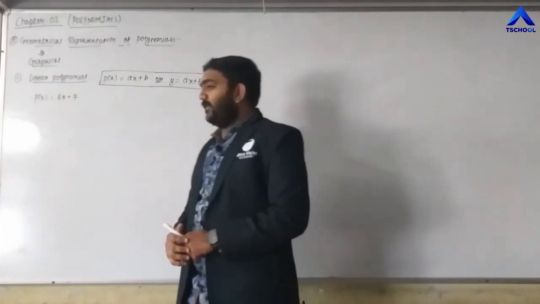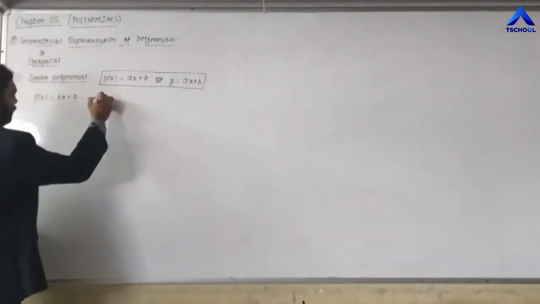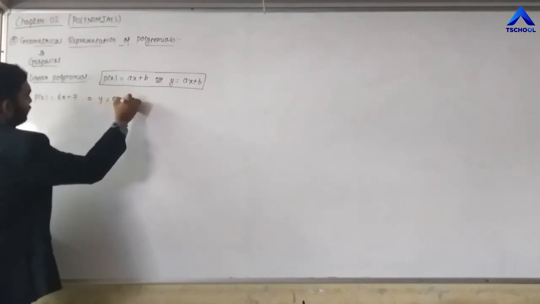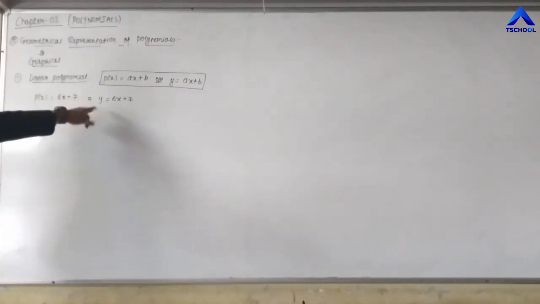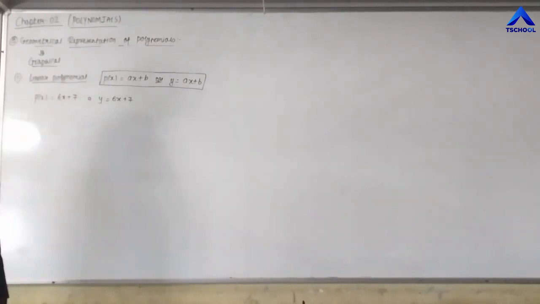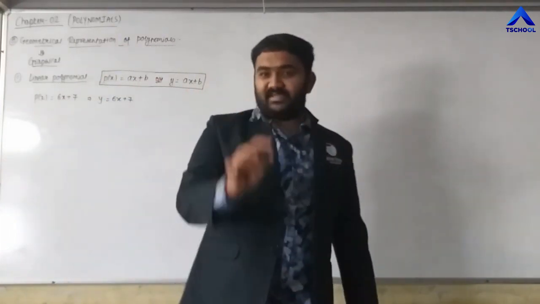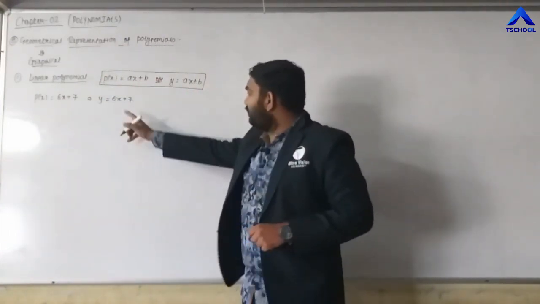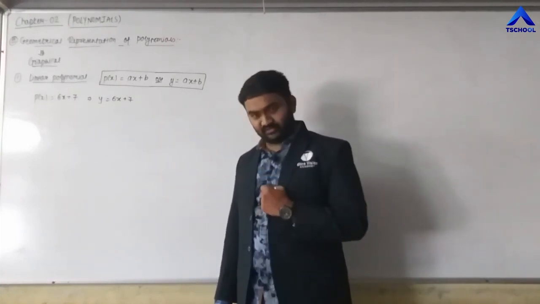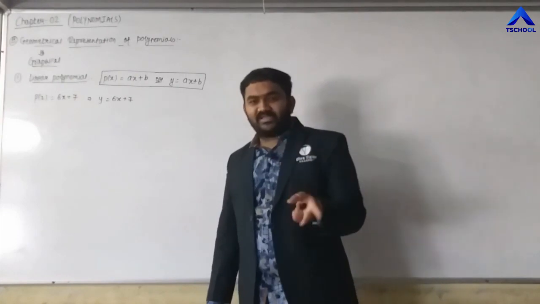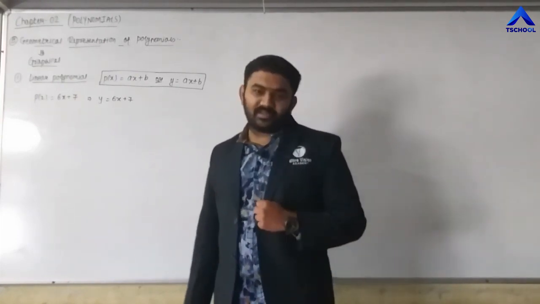For example, p of x equals 6x plus 7. Let me write it as y equals 6x plus 7. So, if I ask you to draw the graph of this y equals 6x plus 7, then first of all, what are you going to do? Yes, exactly. First of all, I shall find different solutions to this equation and then I shall plot them on the graph.